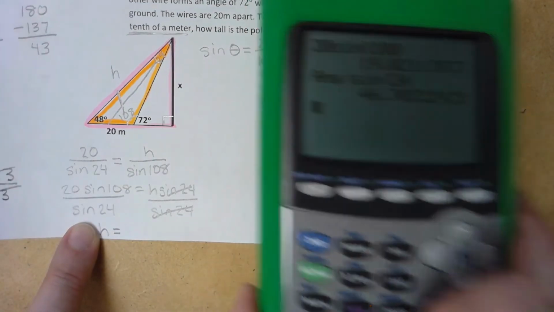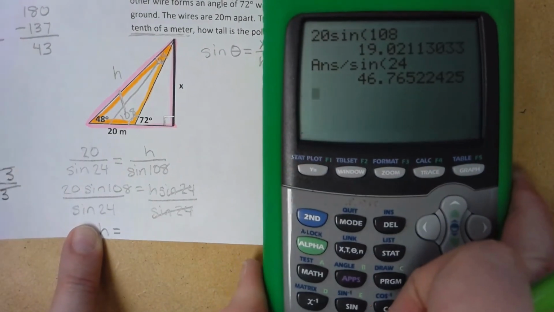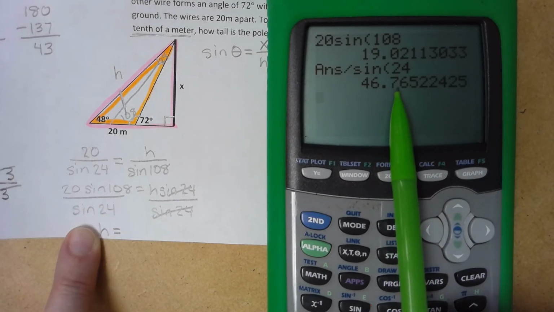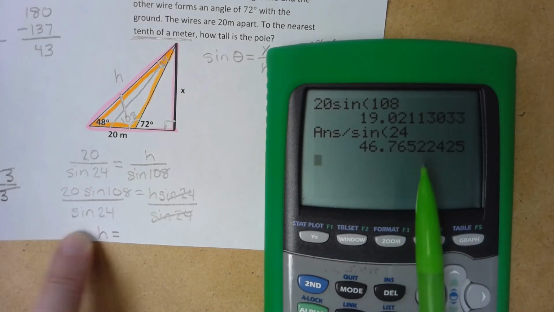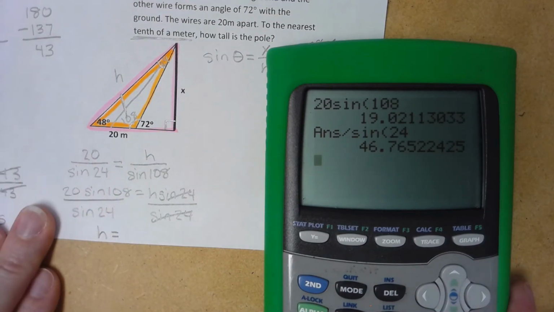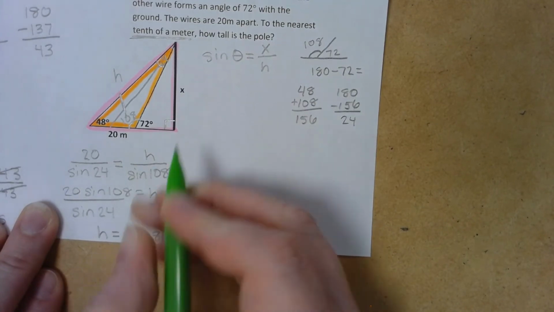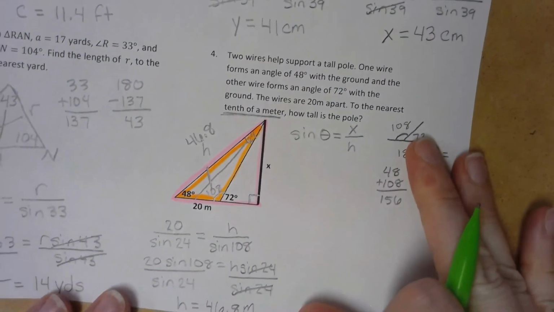Because this isn't our final answer, we can just choose how we want to round. I'm going to just go ahead and stay consistent with the tenths place. You could always use more decimal places to be even more precise. We're going to just do the tenths since our final answer is that way as well. 46.8. And we are in meters for that. So that is for the h.